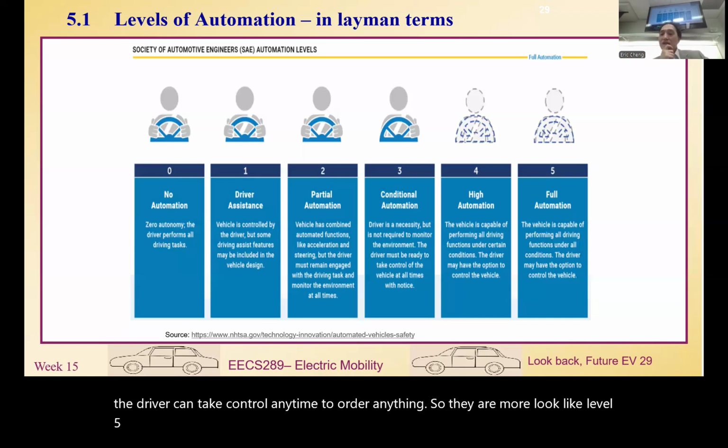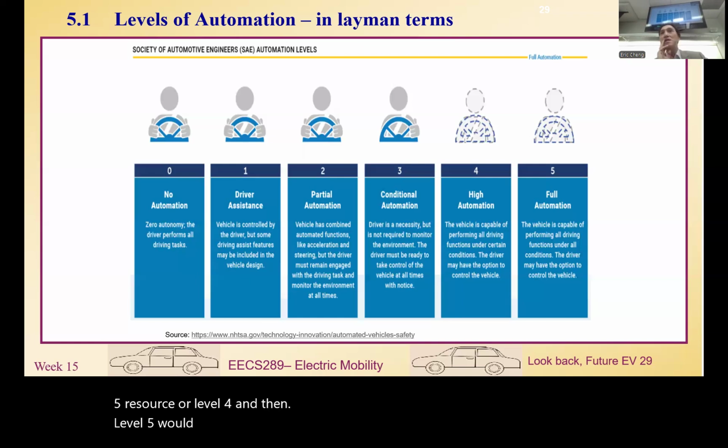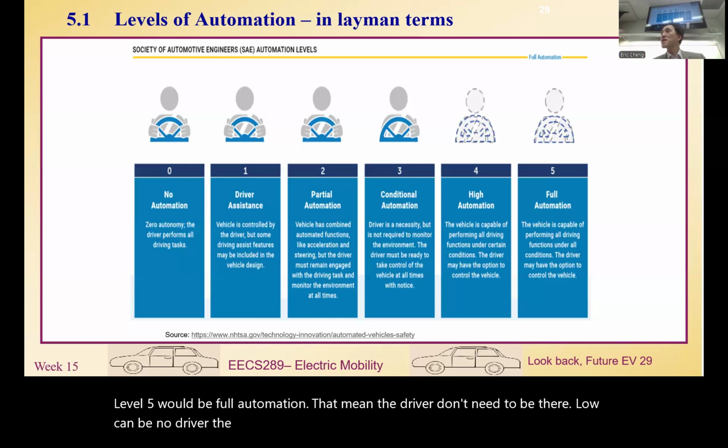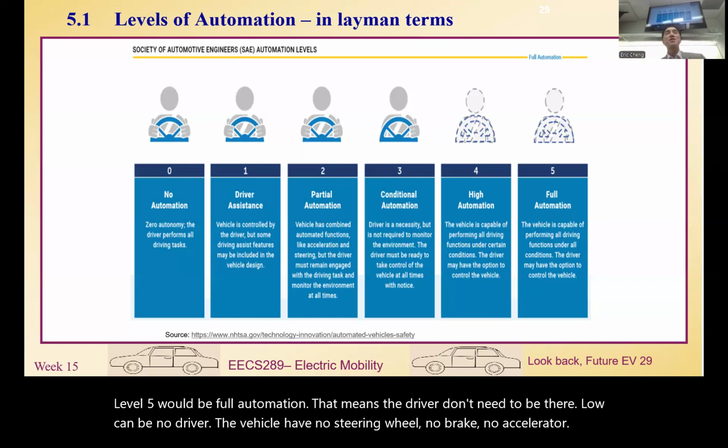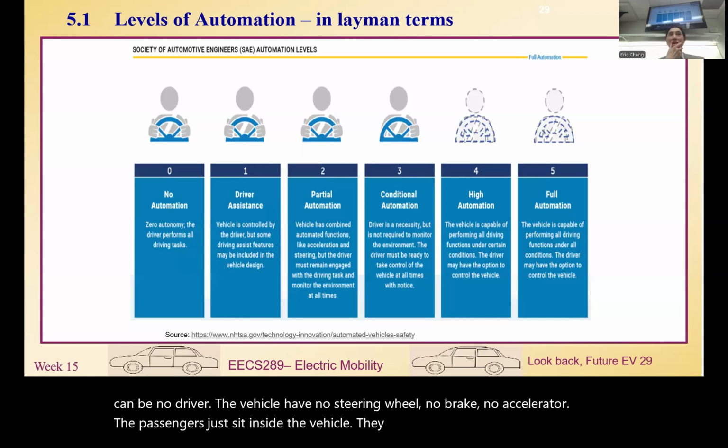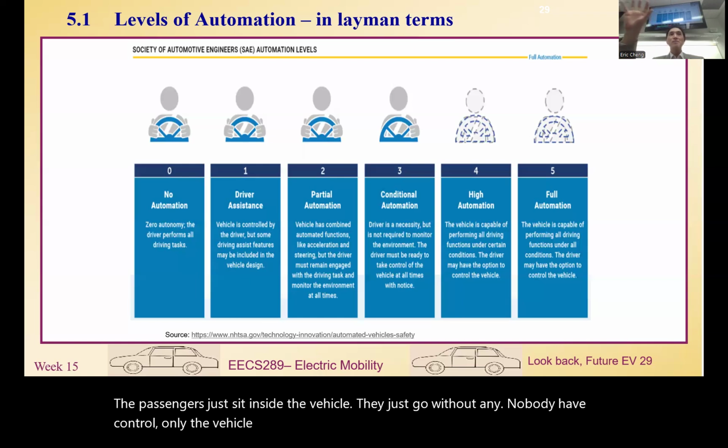And then level 5 will be full automation. That means the driver doesn't need to be there. There can be no driver. The vehicle has no steering wheel, no brake, no accelerator. The passengers just sit inside the vehicle and go without anybody having control. The vehicle itself will only be programmed by other means.